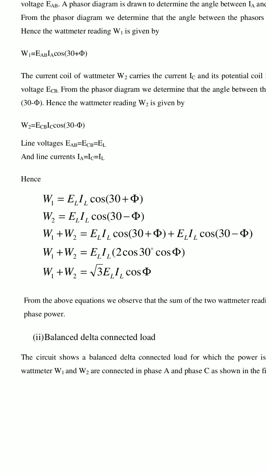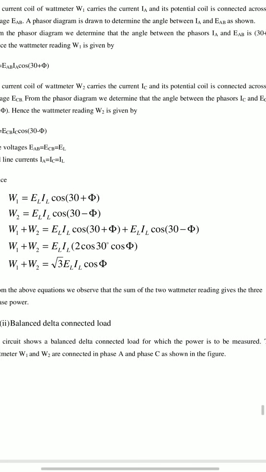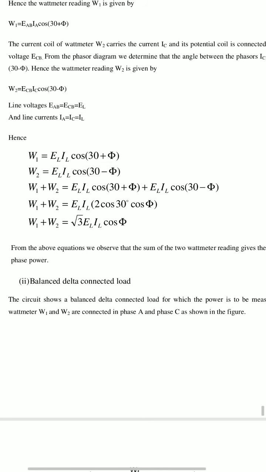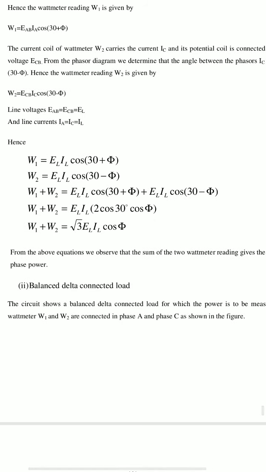And then the current coil of wattmeter W2 carries the current IC, and its potential coil is connected across the voltage ECB. From the phasor diagram, we determine that the angle between phasors IC and ECB is 30 minus phi. Hence, the wattmeter reading W2 is given by W2 = ECB IC cos(30 - phi).